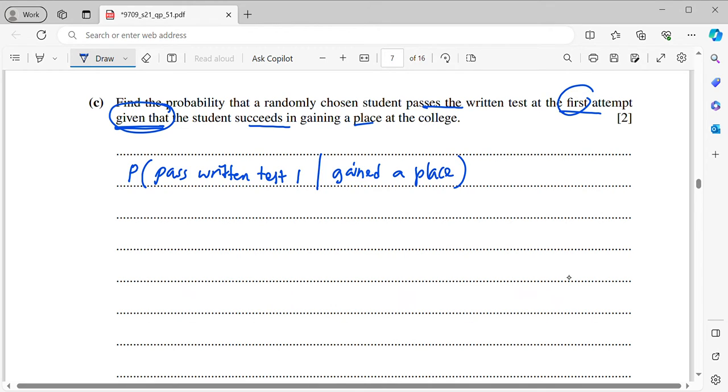Alright, so according to the conditional probability formula, P(A|B) is going to be P(A intersect B) over P(B).